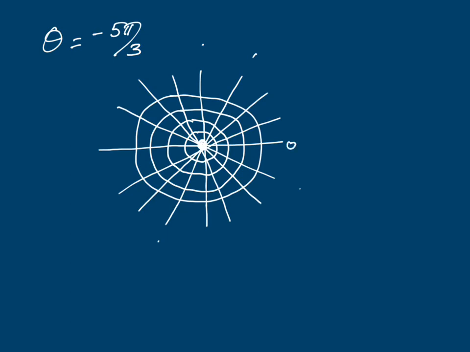If this is 0, this is negative pi over 6, negative pi over 4, negative pi over 3, negative pi over 2, negative 2 pi over 3, negative 3 pi over 4, negative 5 pi over 6, and negative pi. Keep going around.